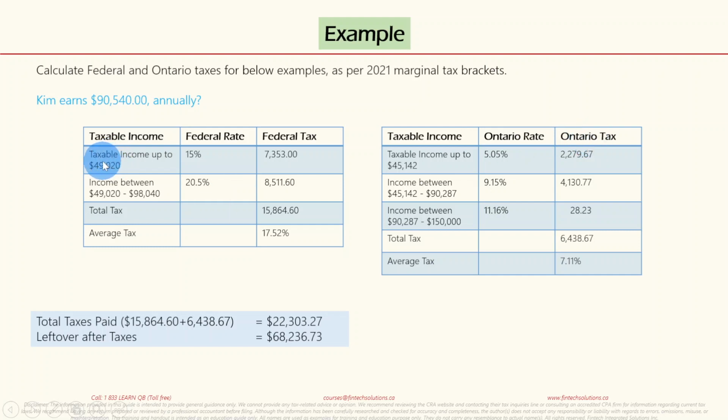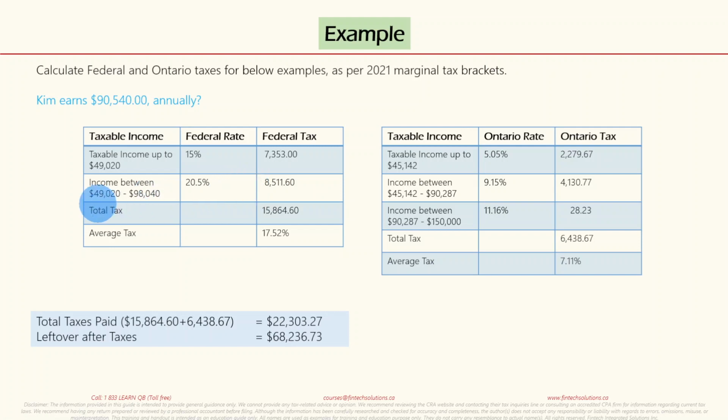So the first taxable income bracket, 49,020, at 15% is 7,353. That's what she will be charged, and then the income between 49,020 and 98,040, and her amount is 90,540.